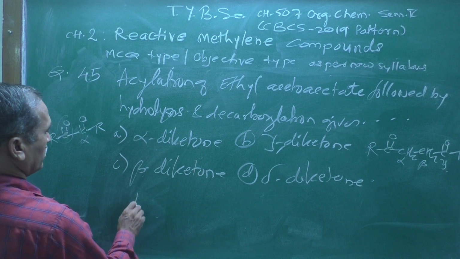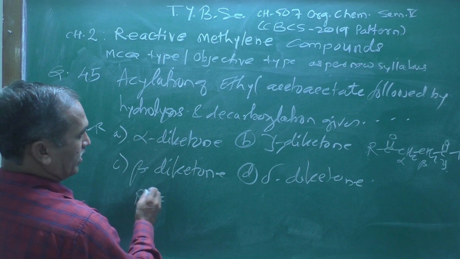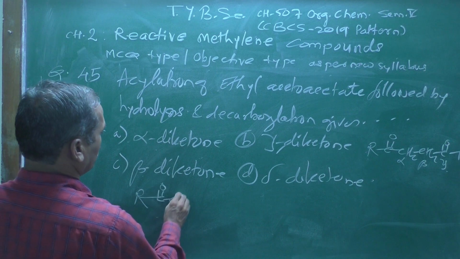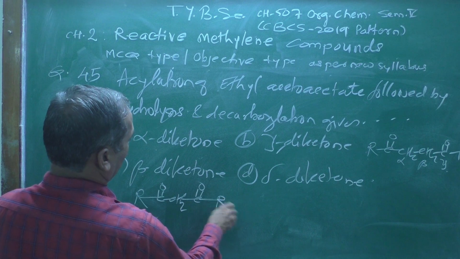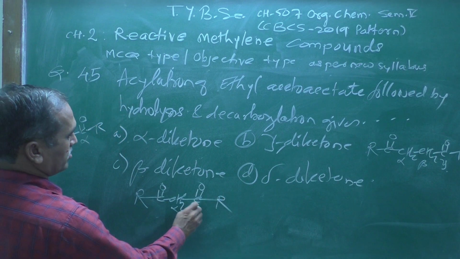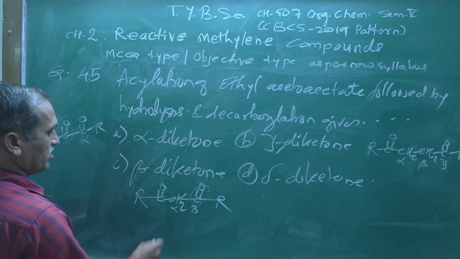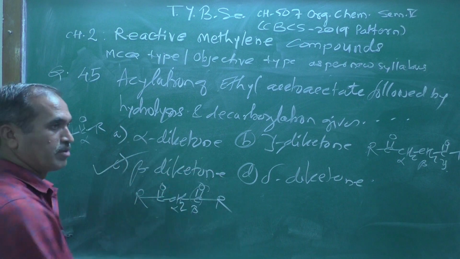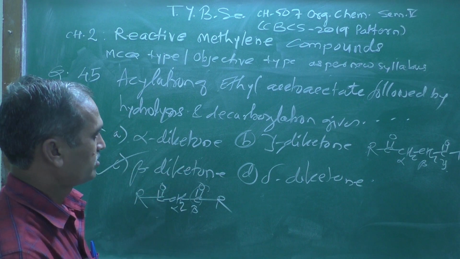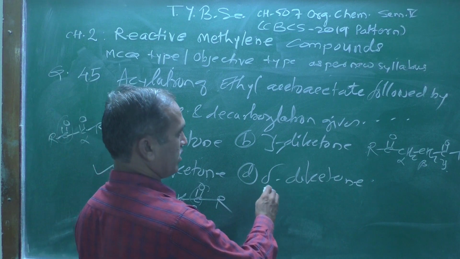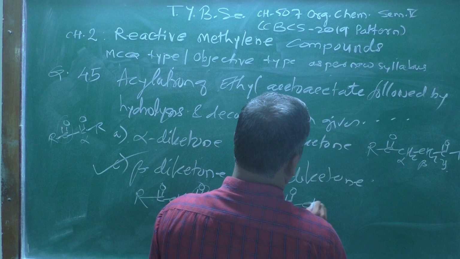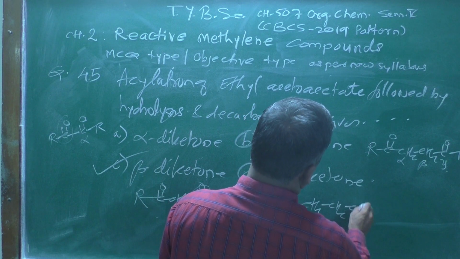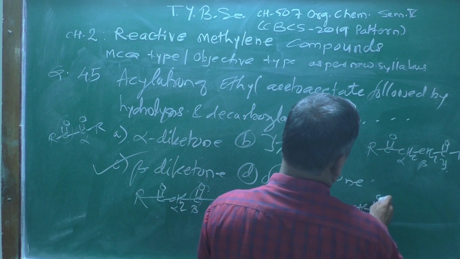And beta: here C double bond O, then CH2, C double bond O, then R dash. This is alpha and this is beta. The carbonyl is at the beta position, and therefore beta is the right answer. Delta diketone: once again R C double bond O, then CH2 chain, C double bond O and R.